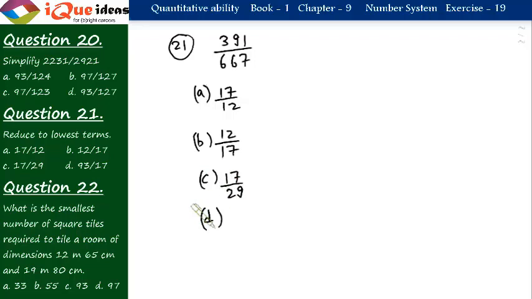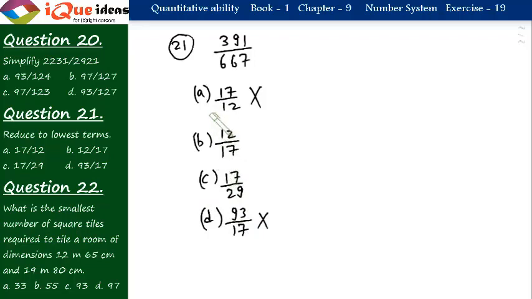And D option is 93 upon 17. Now in the original question, the numerator is smaller, the denominator is larger. So that means option A, in which the numerator is larger than the denominator, cannot be the answer. Option D, in which the numerator is larger, cannot be the answer.